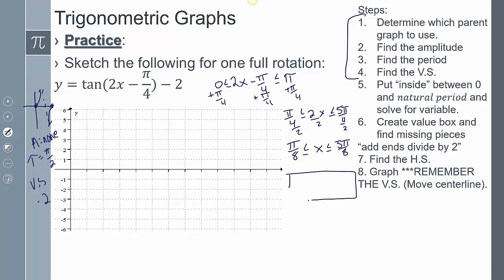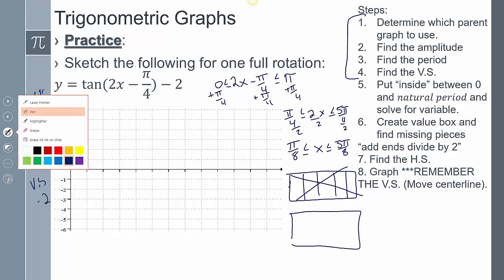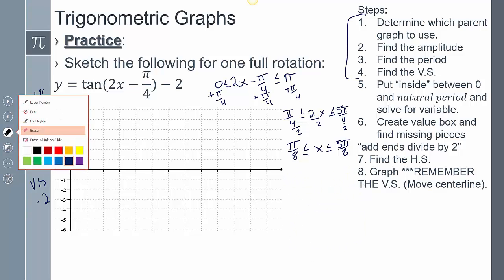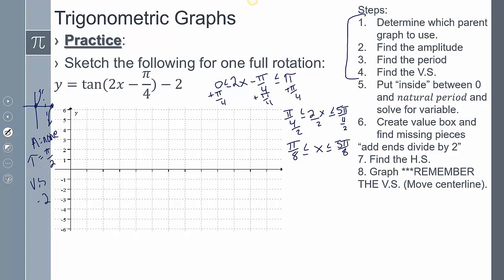So now doing the box. Remember, for tangent there's only 3 values. First value goes here, last value goes here.